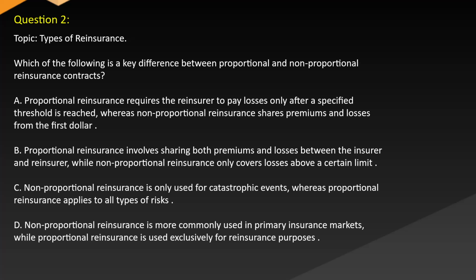B. Proportional reinsurance involves sharing both premiums and losses between the insurer and reinsurer, while non-proportional reinsurance only covers losses above a certain limit. C. Non-proportional reinsurance is only used for catastrophic events, whereas proportional reinsurance applies to all types of risks. D. Non-proportional reinsurance is more commonly used in primary insurance markets, while proportional reinsurance is used exclusively for reinsurance purposes.